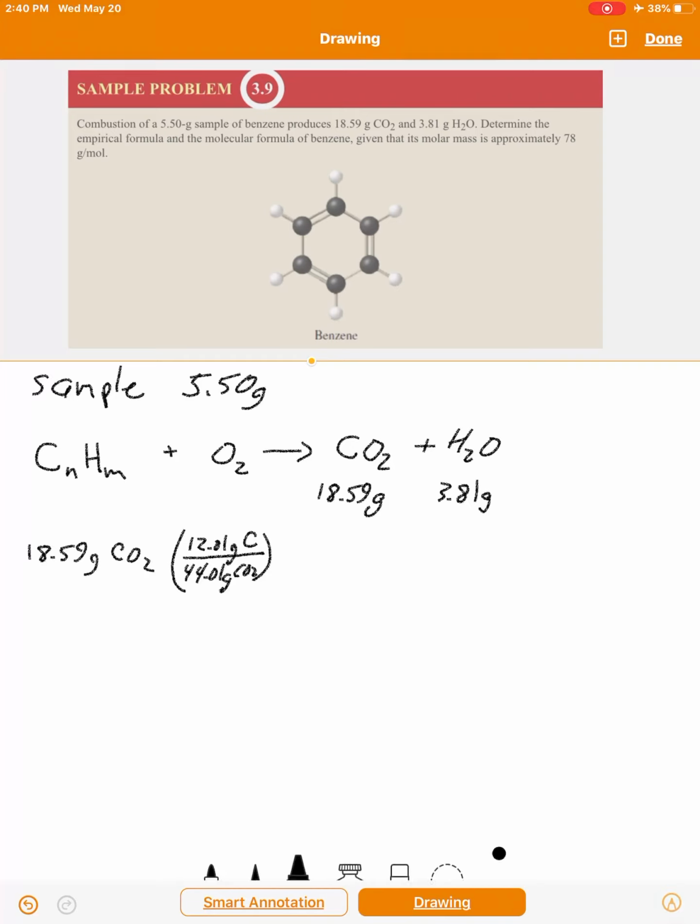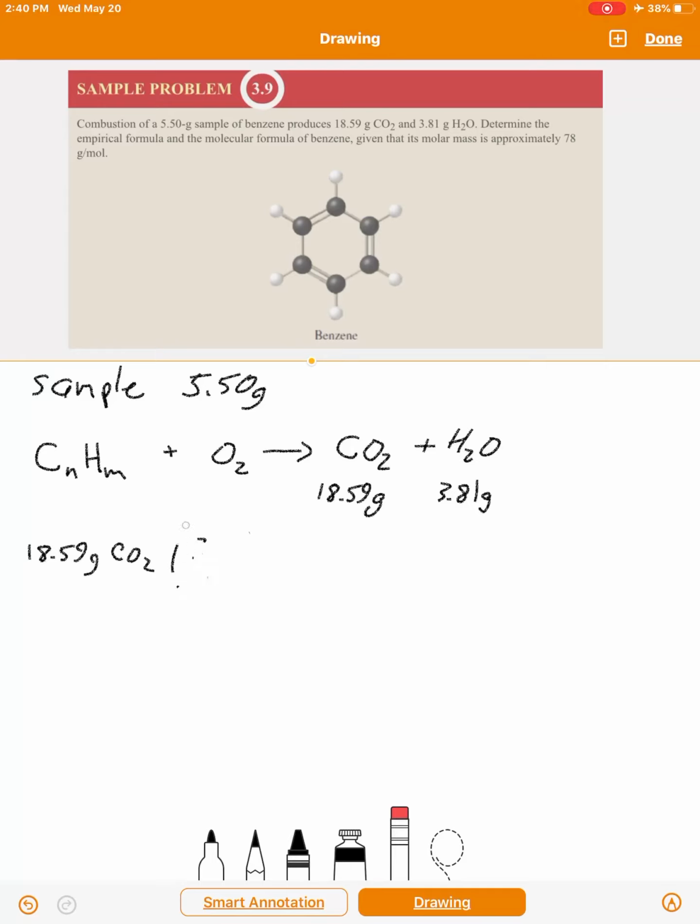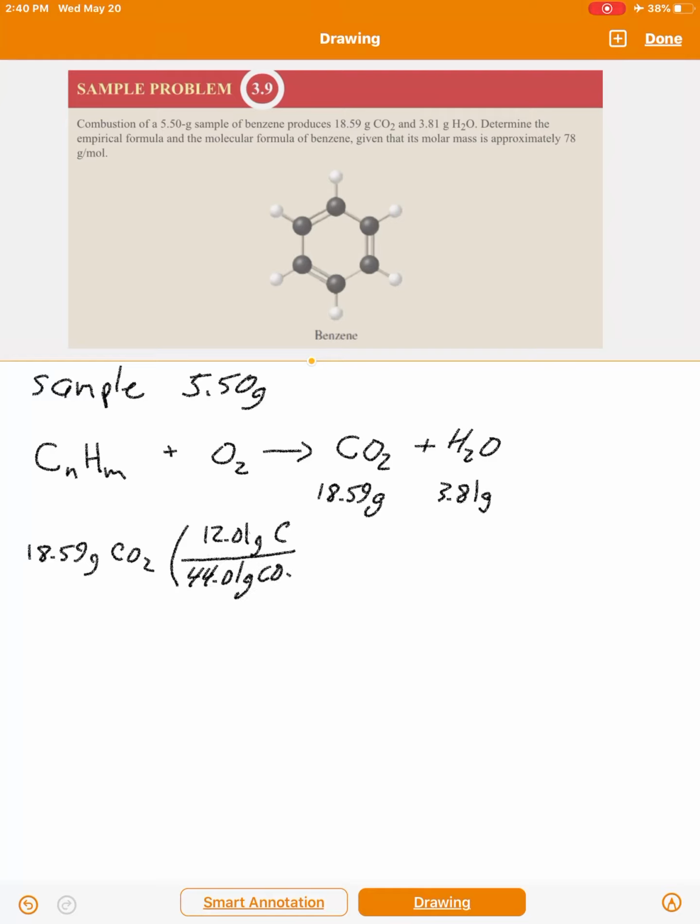Okay, let me make that a little bit bigger here so that it's not so scrunched up. 12.01 grams of carbon over 44.01 grams of CO2.